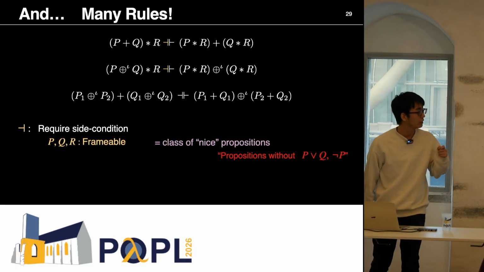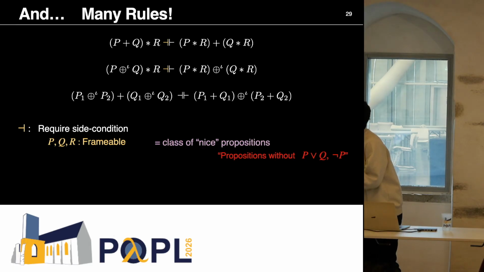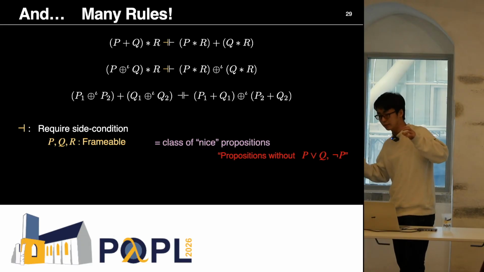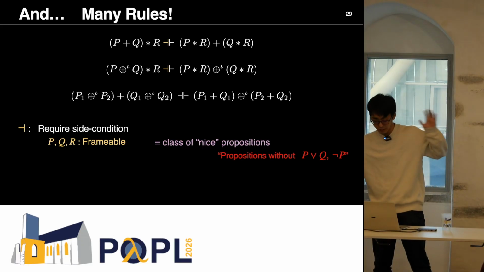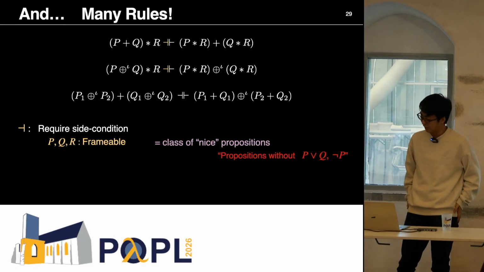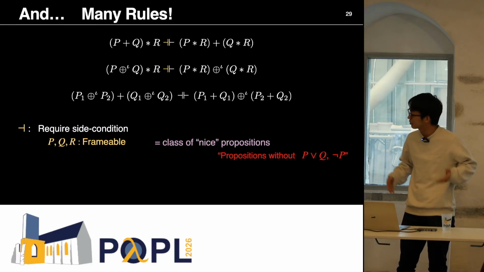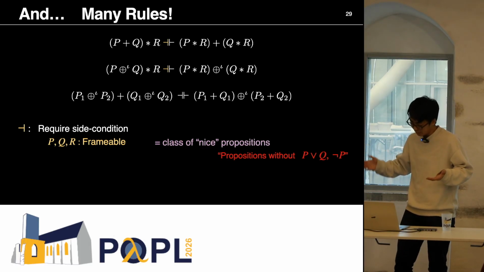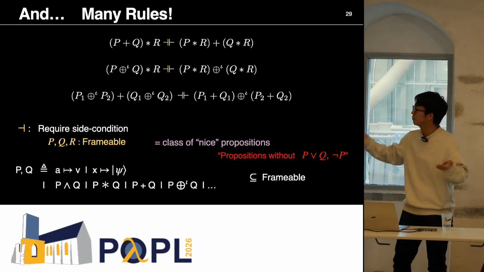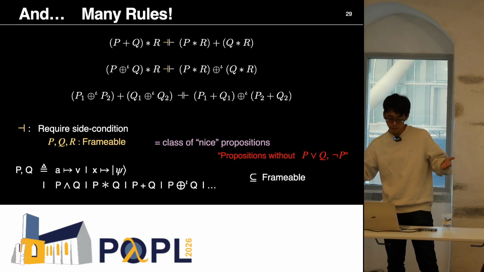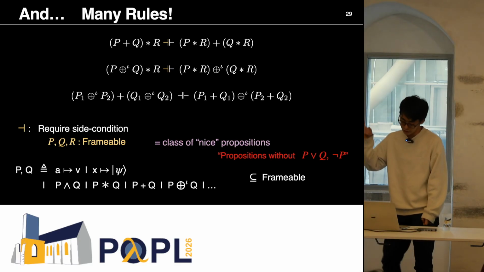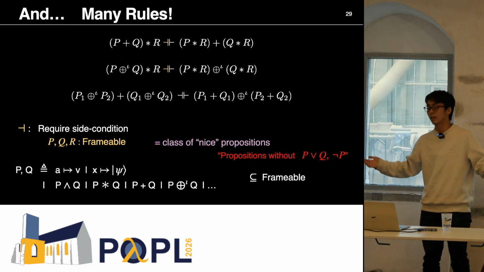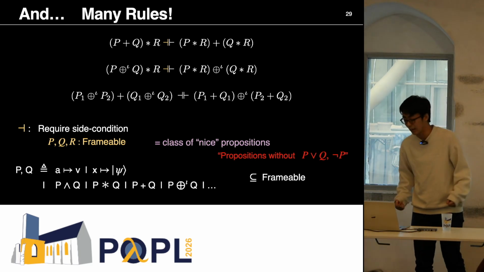I will call this side condition frameability. Frameable propositions are some kind of nice propositions. Roughly speaking, these are the propositions that are constructed without using disjunction. So, for example, every atomic formula is frameable. And also, frameability goes through conjunction, separating conjunction, sum, or mixings. So in practice, a lot of propositions are actually frameable.